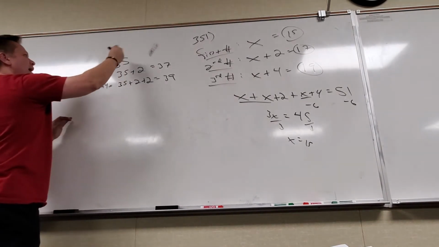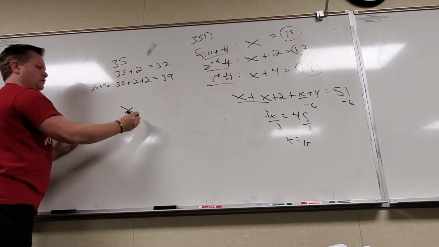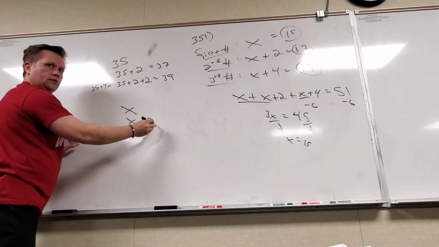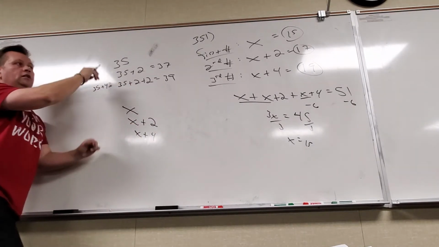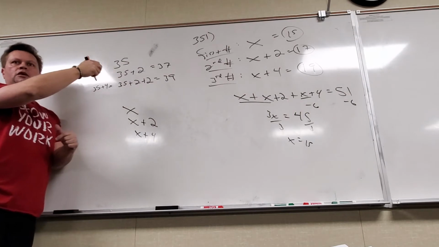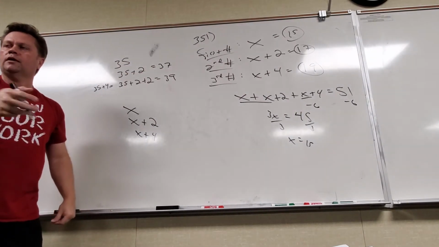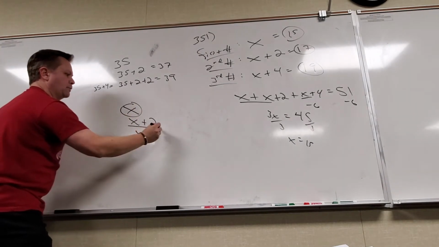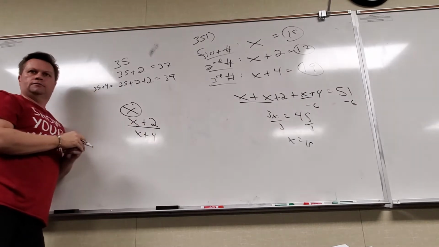So what if this is x? What's the next one? X plus 2. And then what's the next one after that? X plus 4. X plus 6. We know that's how they work. Give me any odd number, the next one's going to be 2 away, isn't it? How do I say generally what's the next one? 2 more than that.